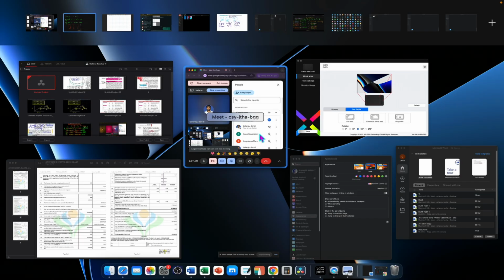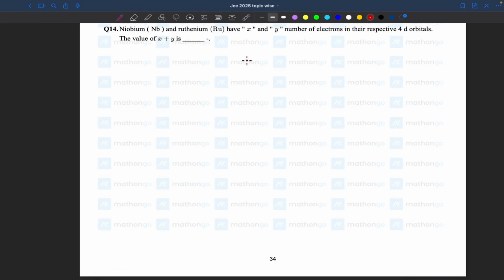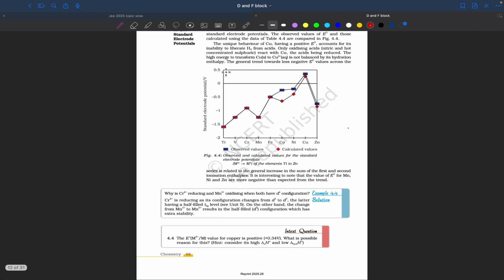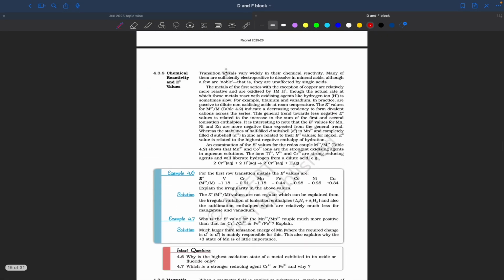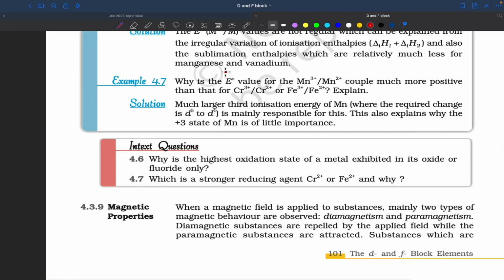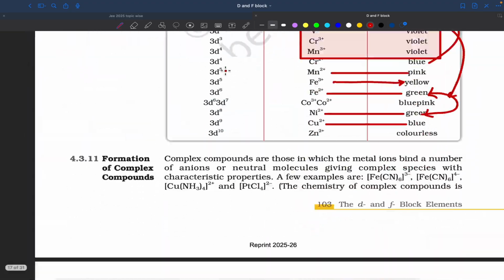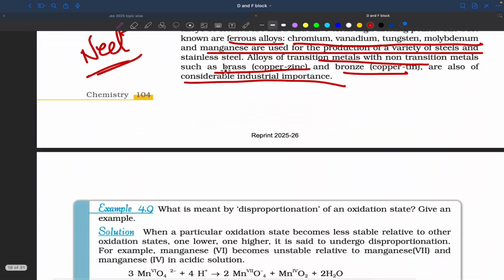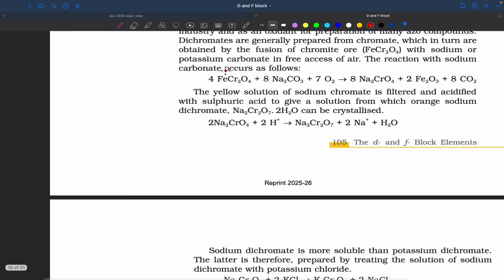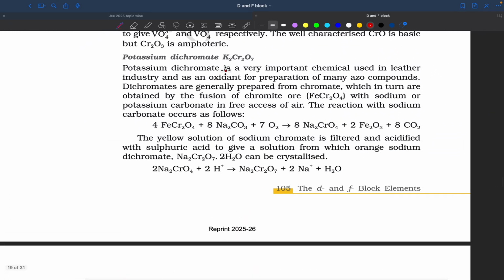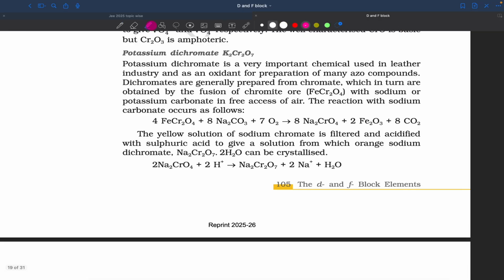Okay, so now we'll go to our NCERT and we'll check for these reactions. D and F block elements. Right, here is the preparation of potassium dichromate.